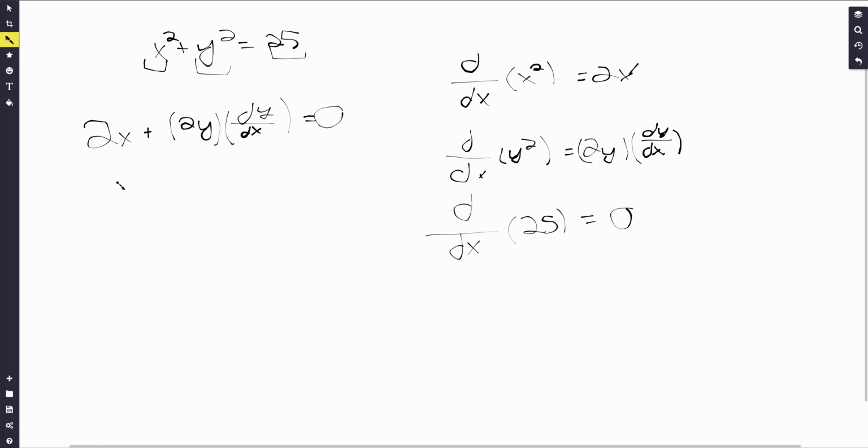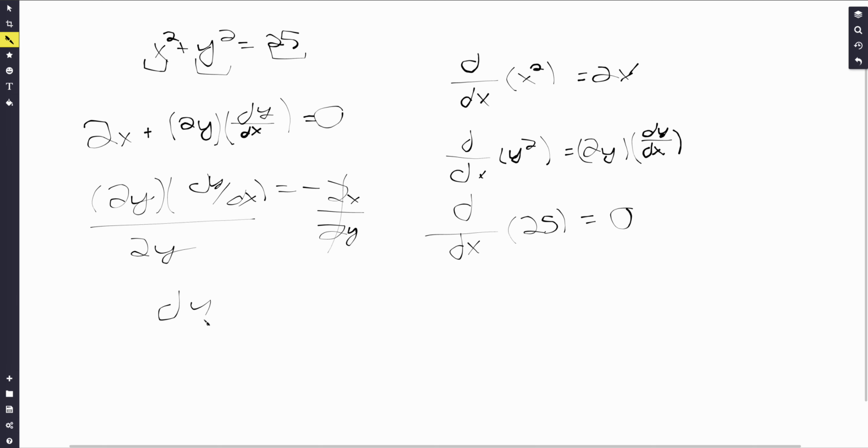So we can move this 2x to the other side, so that becomes 2y times dy over dx equals negative 2x. Now let's divide by 2y, and we can cancel out these 2's because they're the same in the top and bottom. So then we find that dy over dx is equal to negative x over y for this problem.